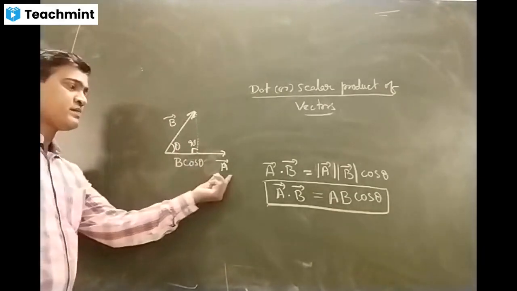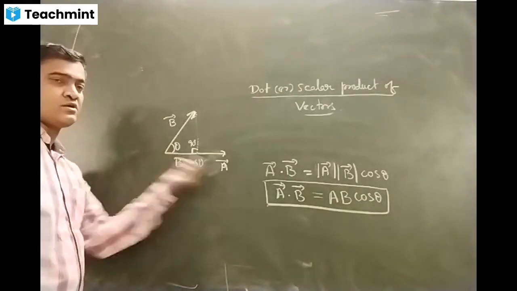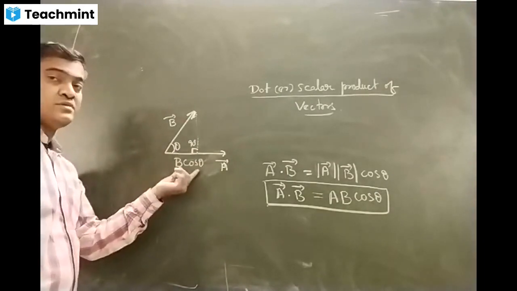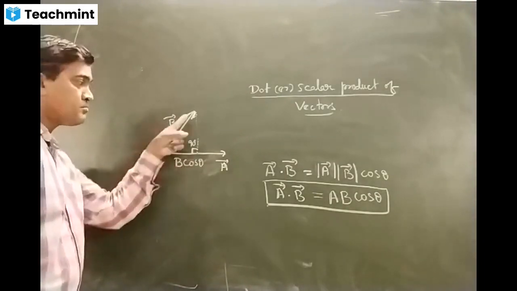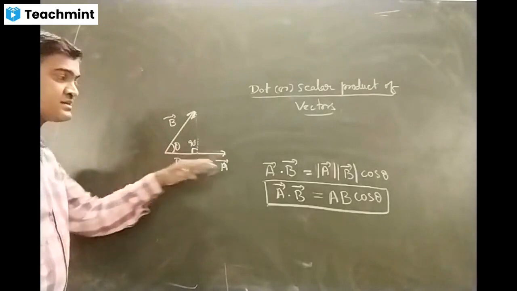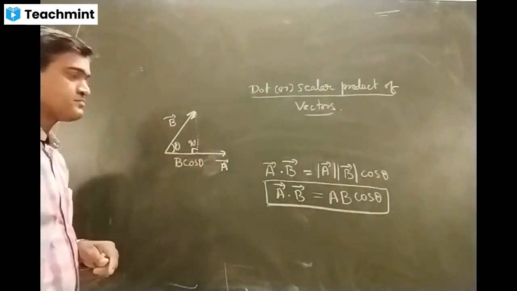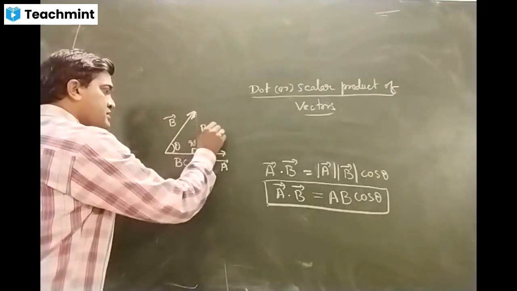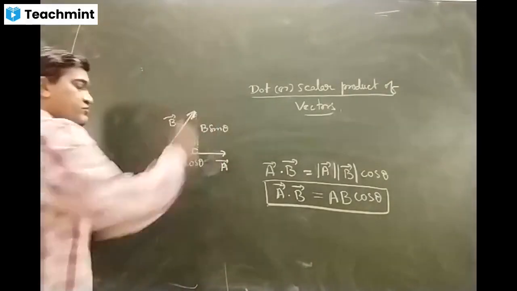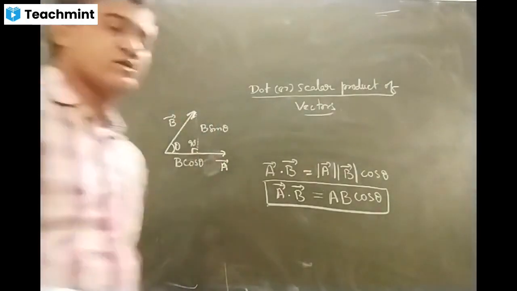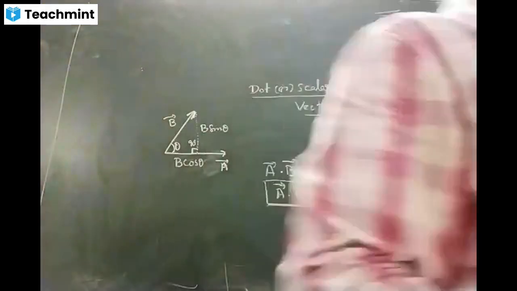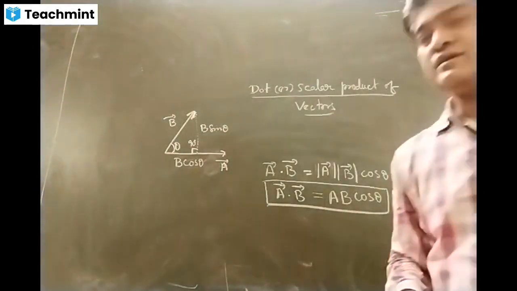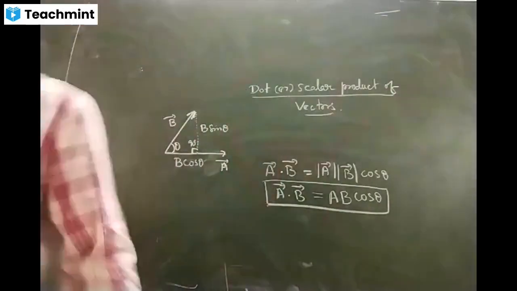If I consider A bar along the x-axis, then B cos theta is the component of vector B bar acting along vector A bar, and the other side is B sin theta. Which component of vector B is acting along A bar? B cos theta.